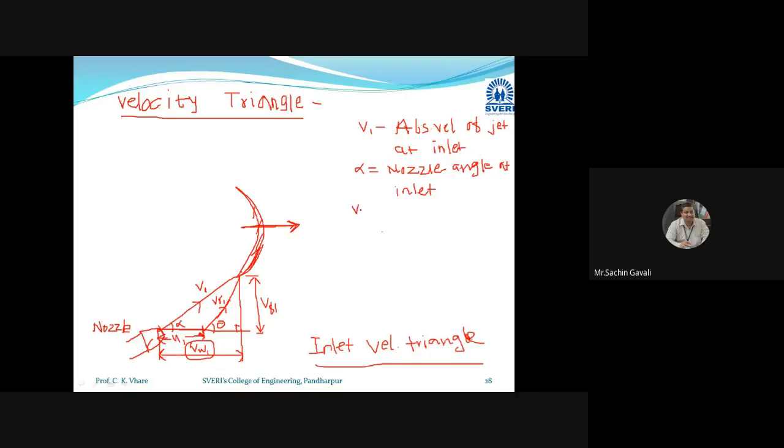VW1 is the whirl component at inlet. The whirl component is responsible for generating the motion of the blade, or power.